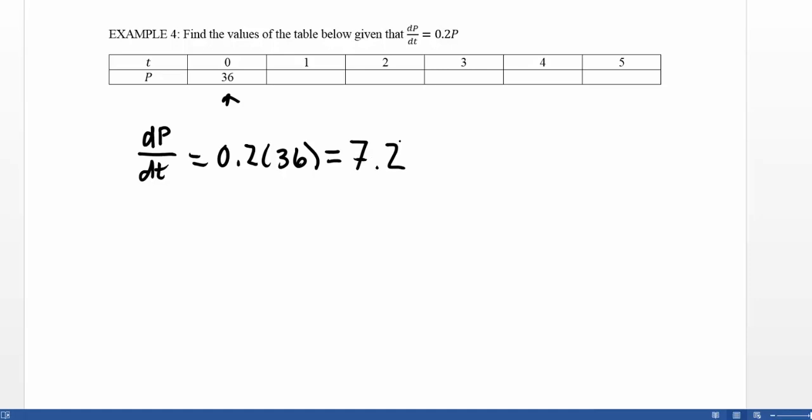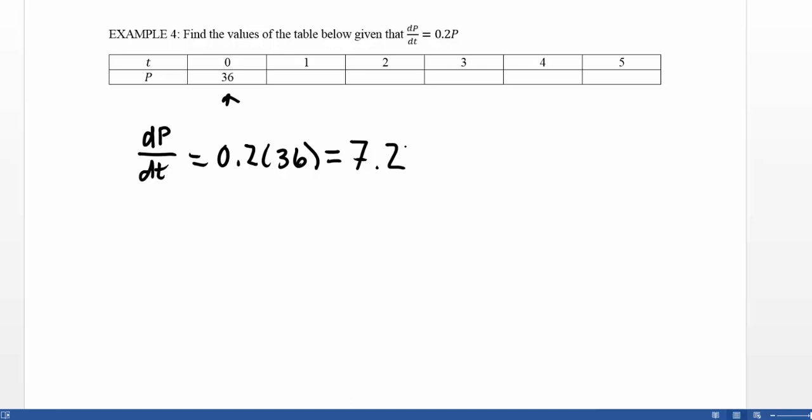So remember, the derivative tells us how much a function changes within 1 unit of my independent variable. So to go from 0 to 1, I expect my function to change by 7.2, which means that I can add that 7.2 to 36 because that gives me the correct rate of change.